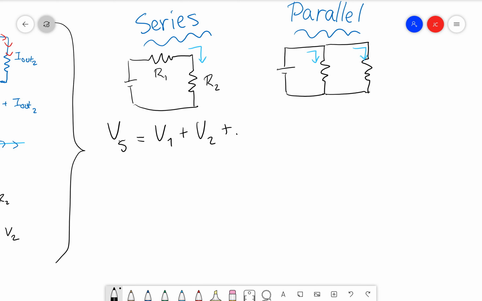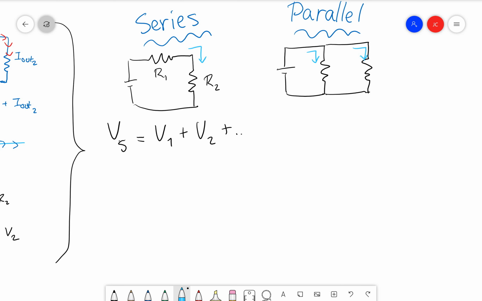So a series circuit has this really simple rule, which is that the voltage or potential difference across the source is going to be equal to the sum of all the potential differences. That means that this potential difference that you would measure here is going to be the same as if you measure the voltage across here and across here, and add them up. And this is how series circuits work.